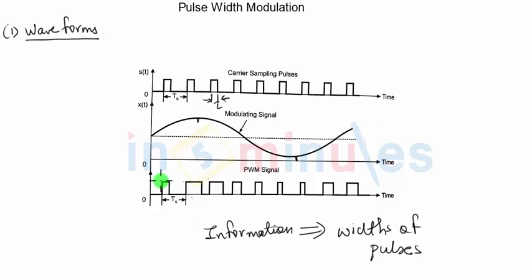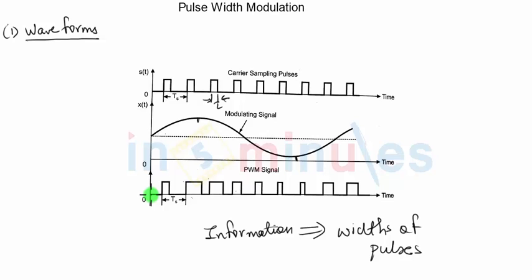Please note that in PWM the amplitude will not change, it will remain constant. So one advantage of PWM over PAM will be that because there is no amplitude variation, the effect of noise will be less. If at any point of time the pulse amplitude is different, then it is only due to the noise, and my information will not get disturbed because information is present in the width and not in the amplitude.